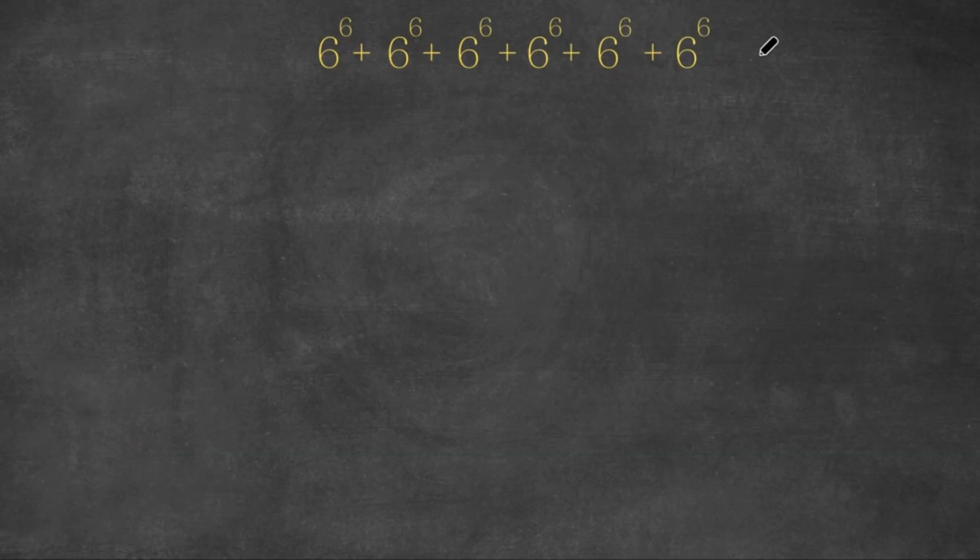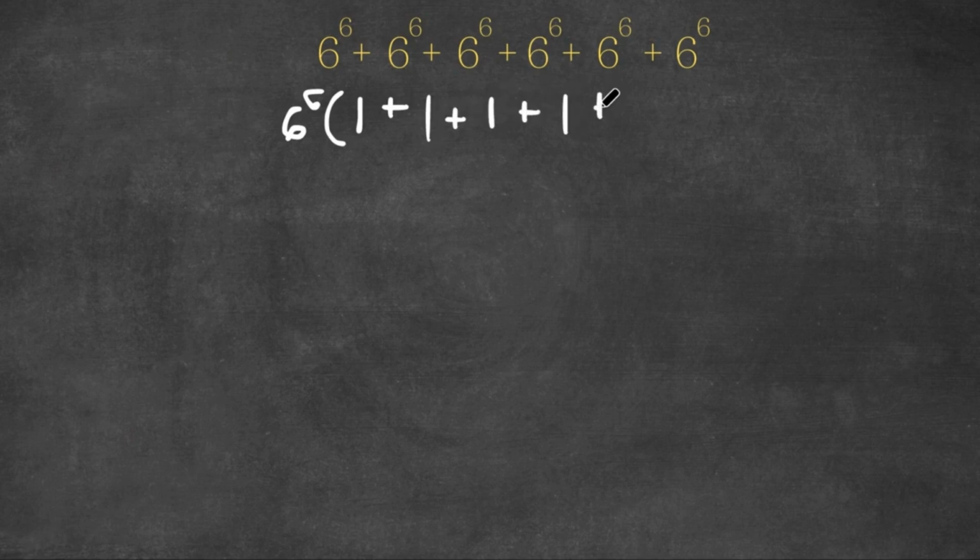Now, because all of these terms are the same, I'm actually just going to factor out 6 to the power of 6. So if I factor out 6 to the power of 6, I get 6 to the power of 6 times, now 6 to the power of 6 divided by 6 to the power of 6 is 1 plus same thing, 1 plus 1 plus 1 plus 1, finally plus 1.